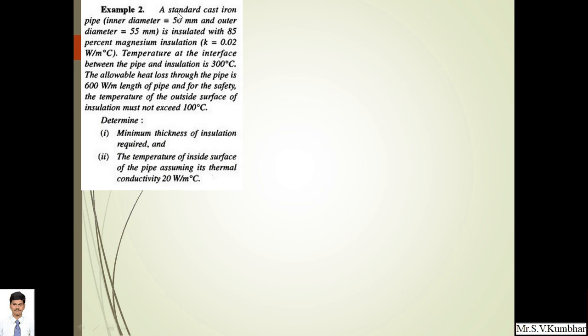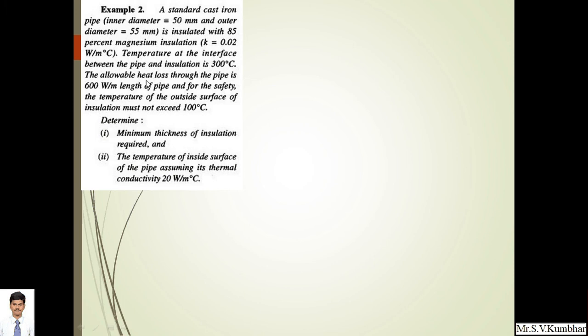Here a standard cast iron pipe, inner diameter 50 mm and outer diameter 55 mm, is insulated with 85% magnesium insulation. K is equal to 0.02 watt per meter degree centigrade. Temperature at interface between pipe and insulation is 300 degrees centigrade.